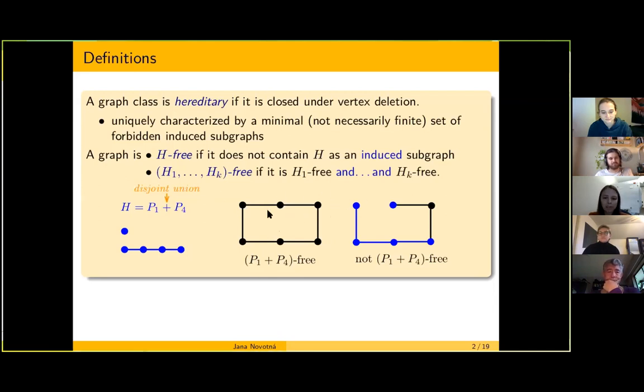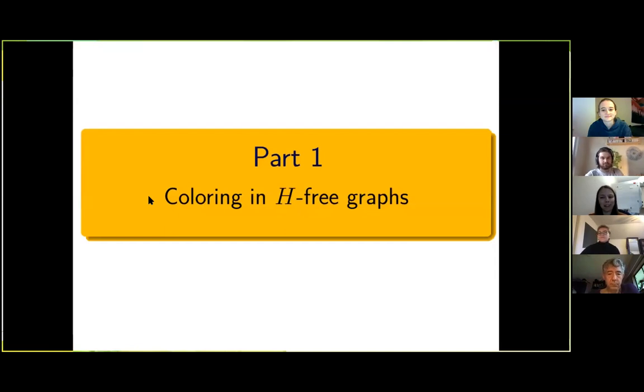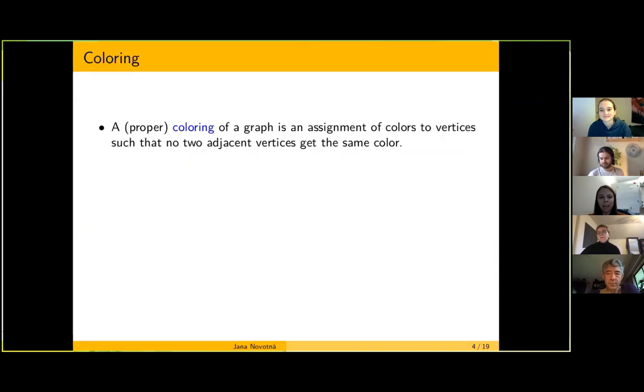So such a graph is P1 plus P4 free, but the right graph is not. You see the induced P4 and P1 depicted in blue color. This is quite a main definition in my talk, because I will be speaking most of the time about H-free graphs. Let's move to the first part of my talk, which is about coloring in H-free graphs.